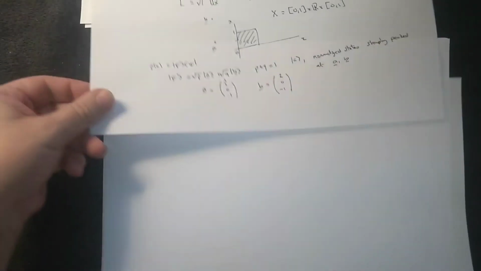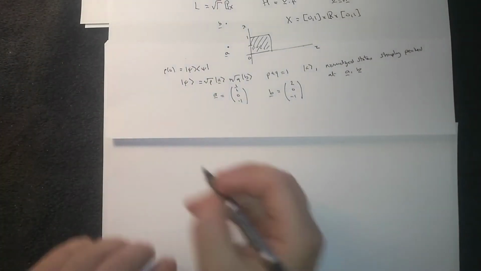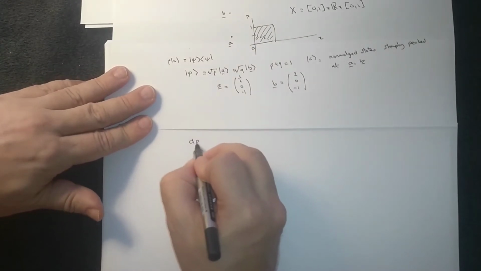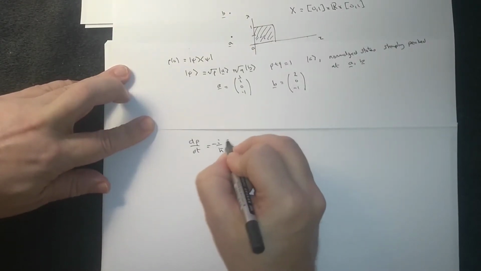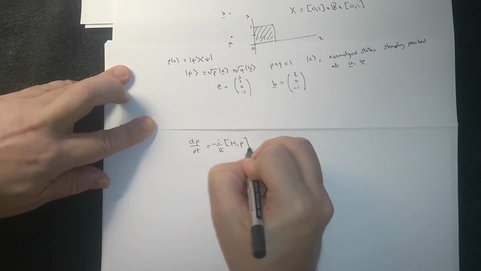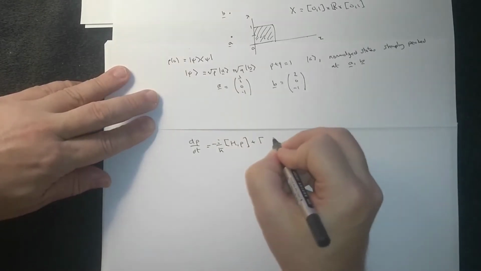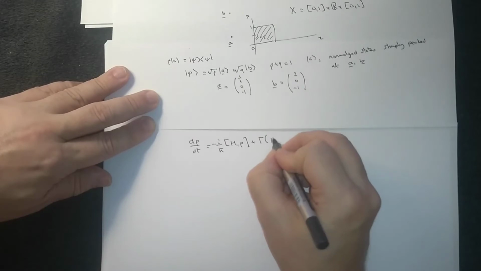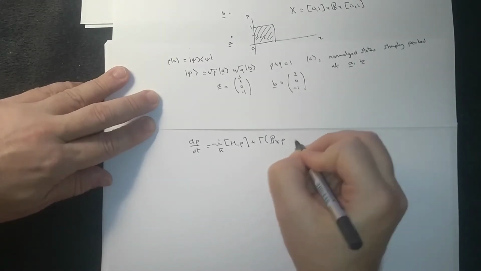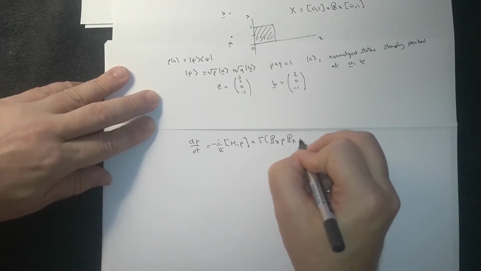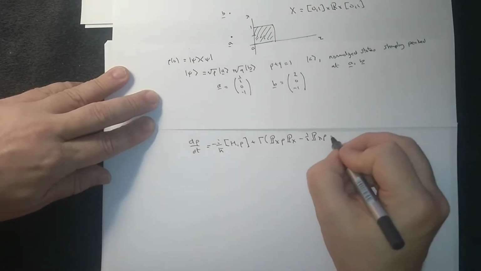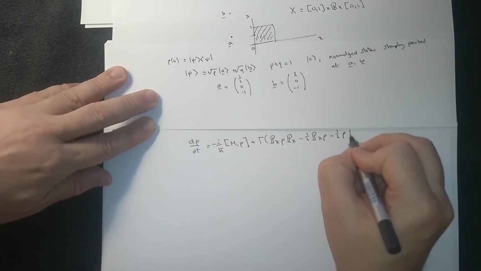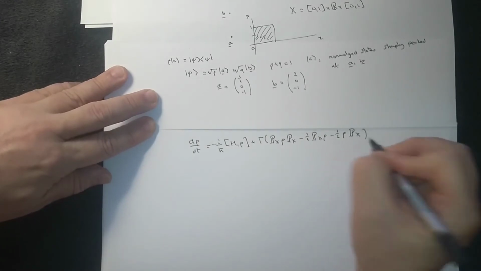Now we wish to solve the equation d rho by dt is minus i over h bar, the commutator, plus gamma P_X rho P_X minus a half P_X rho minus a half rho P_X.